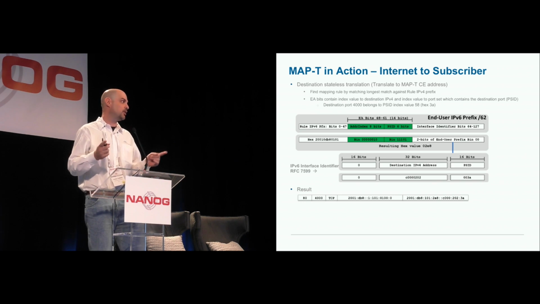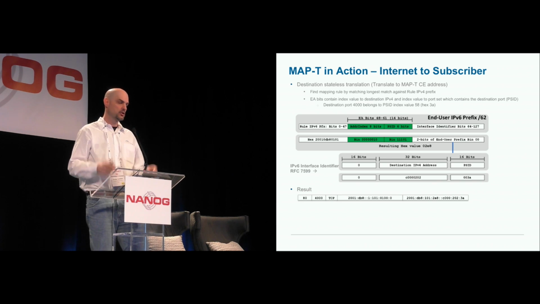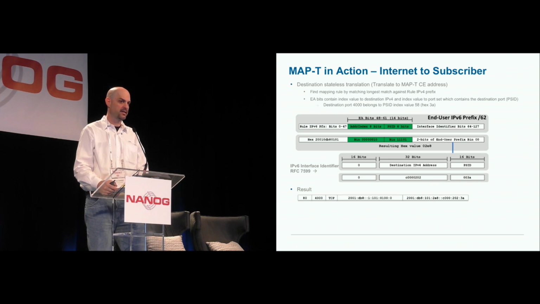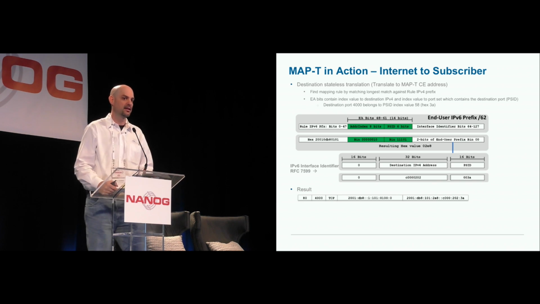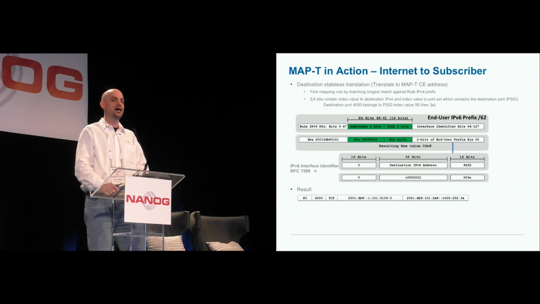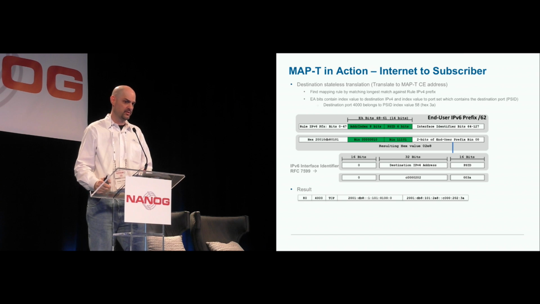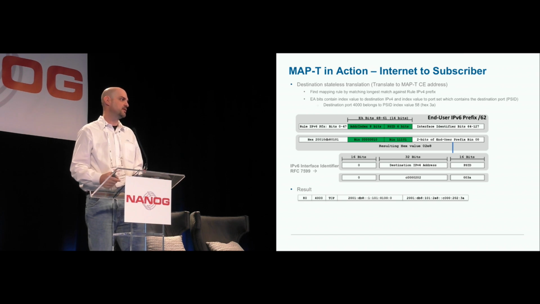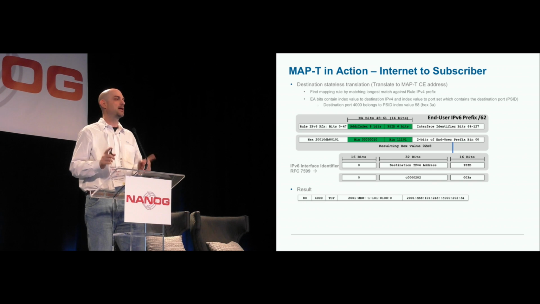Now this is again variable depending on how you provision and what your address assignment is going to be for the subscriber. You place that within the first 48 bits. And the next thing we do is we analyze and populate the EA bits. So the first thing, as I mentioned before, our EA bit allocation is 14 bits. We know that 8 bits of it is for the subscriber rule IPv4 prefix.